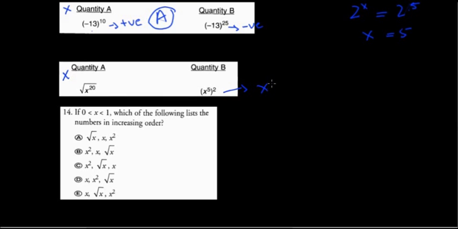We can just write it as x raised to 10. 5 times 2 is 10. In this one I can remove the square root and put the fraction, which is 1/2, and again using the exponent rule, I'll basically multiply 20 times 1/2, which is x to the 10. So both are x to the 10, so the answer is C.